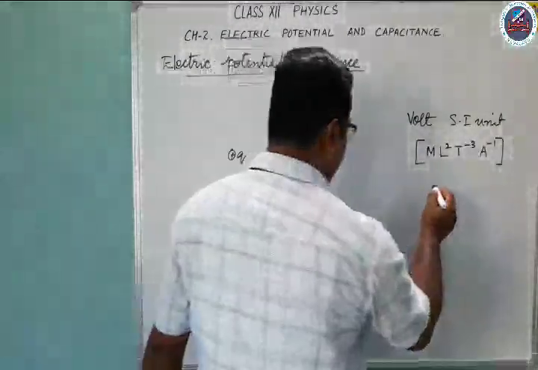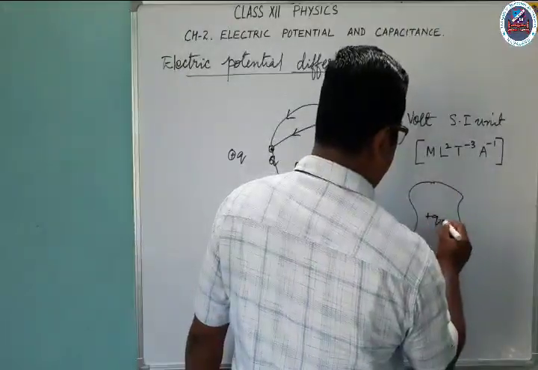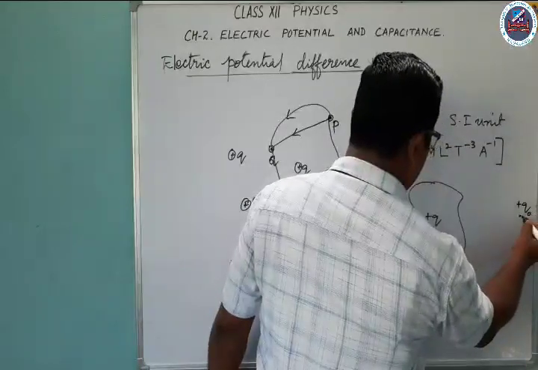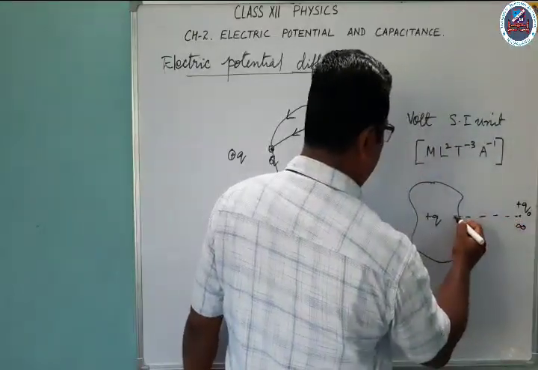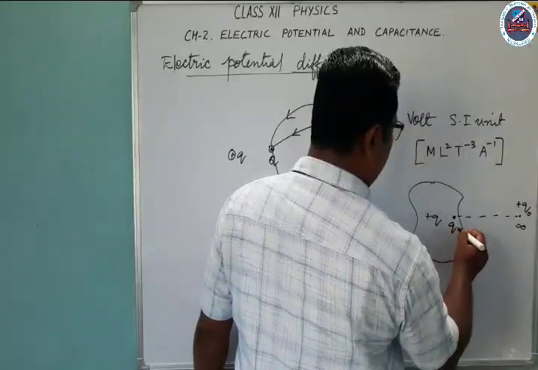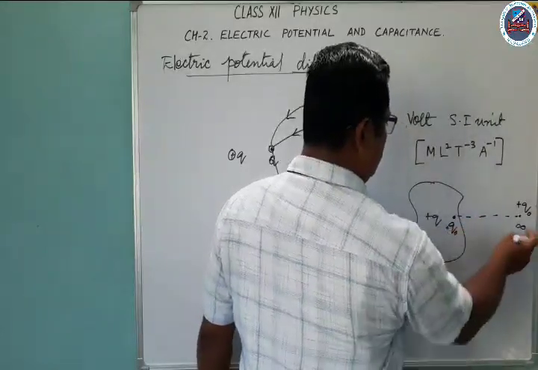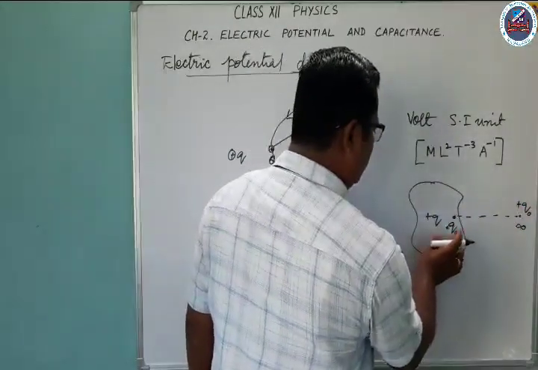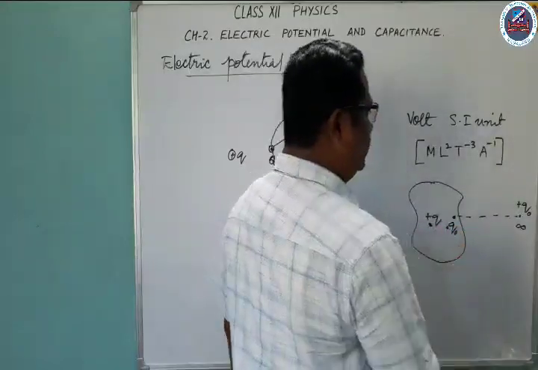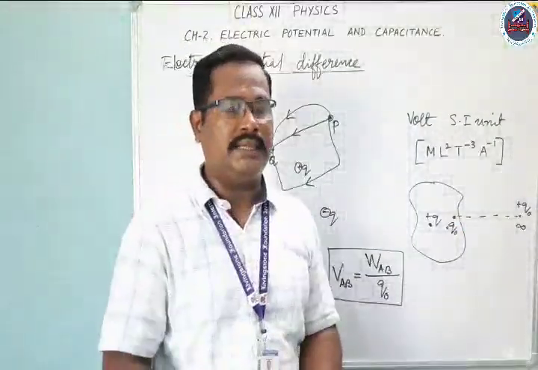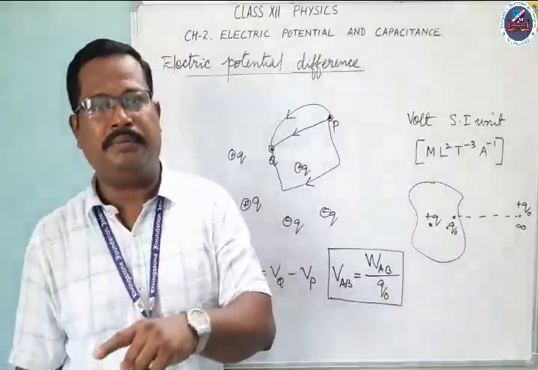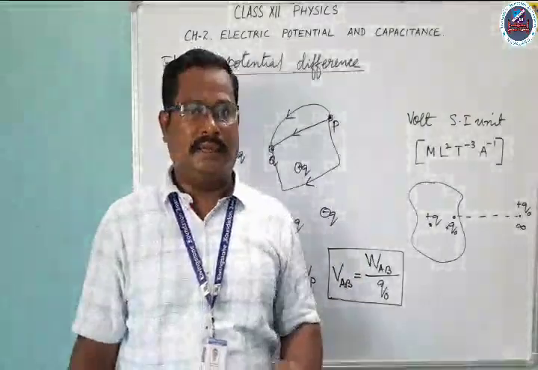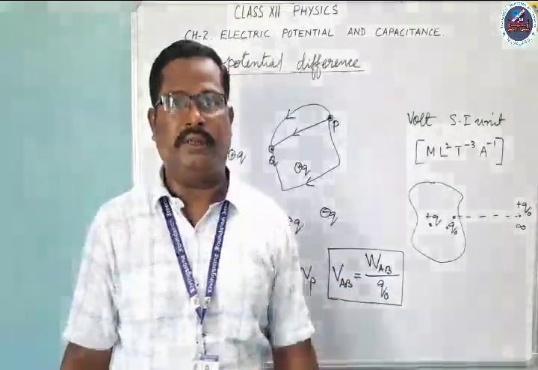So if we are keeping one positive charge here, and this is the field region, and you are bringing a unit positive test charge from infinity to this point, then these two will try to repel each other. So we have to do some work to bring it, but we are doing it against the electrostatic force of repulsion between the two charges. So in this case also, potential can be positive or negative depending upon their position. So let us do a numerical and get a clear picture of what potential difference is.